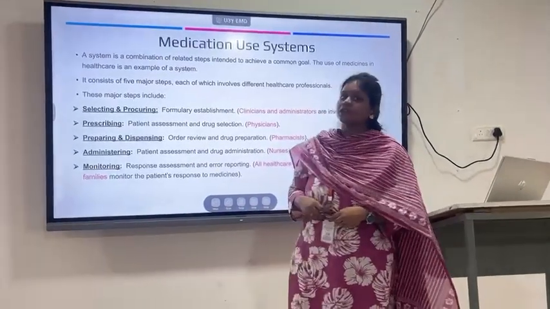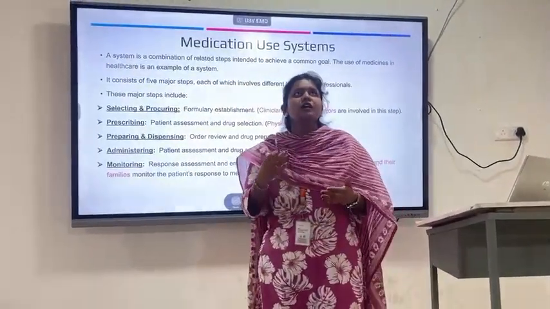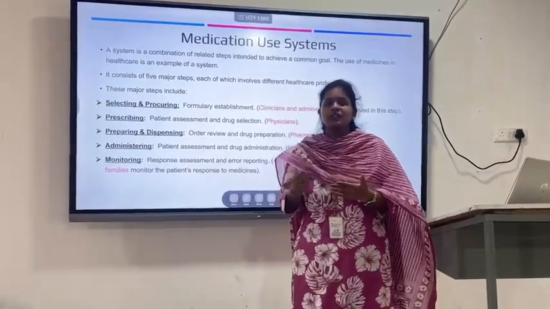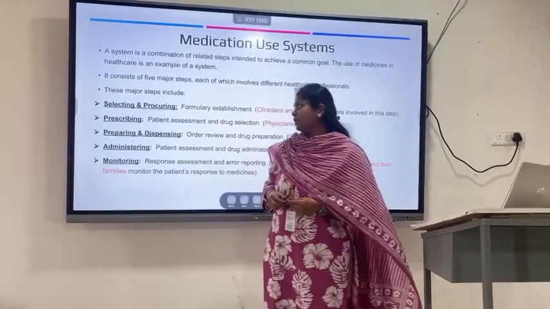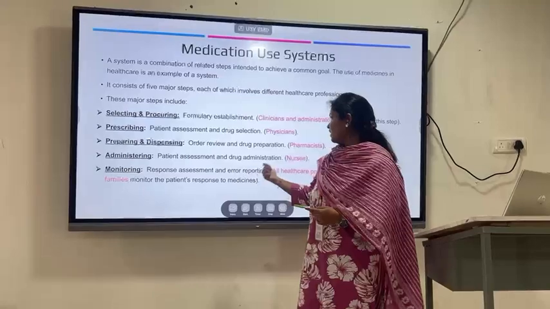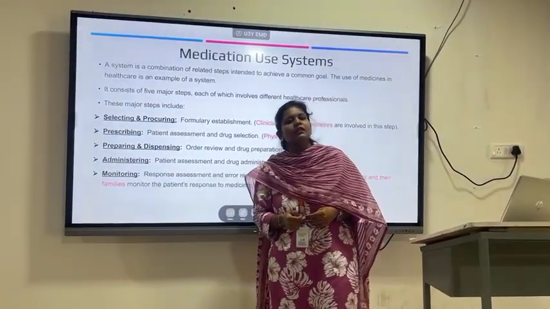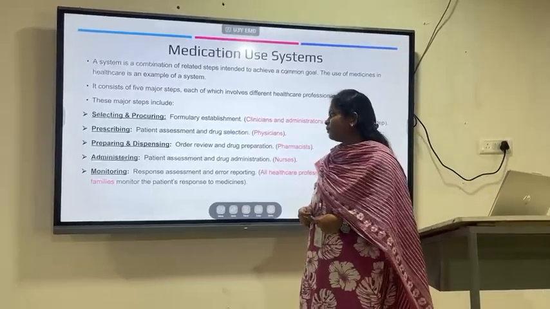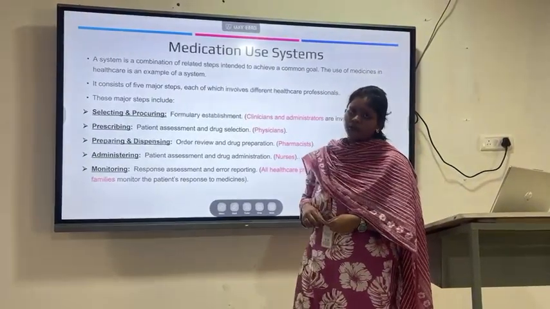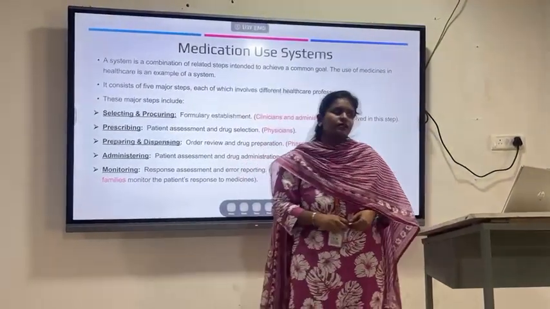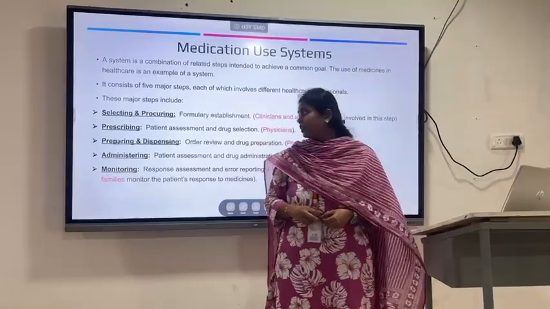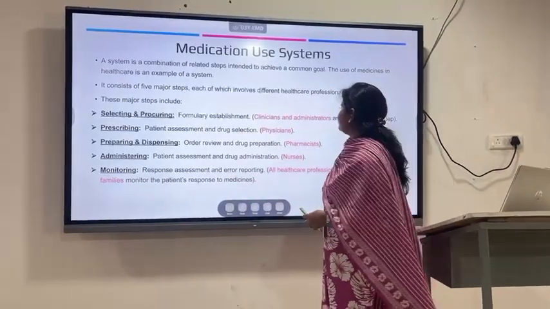Preparing and dispensing is done according to the prescription given to the patient. Administering is the assessment and drug administration by the nurses in the ward or by the patient itself in OP conditions. And monitoring involves response assessment and error reporting. If any medication errors are present, they will be reported in the respective monitoring section.